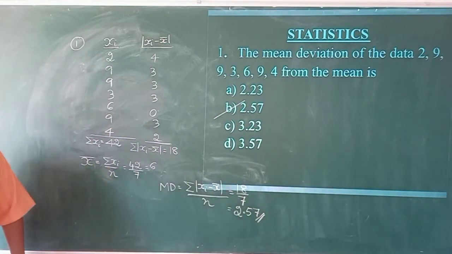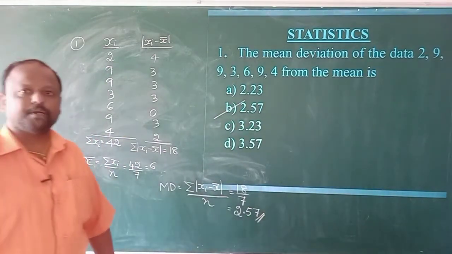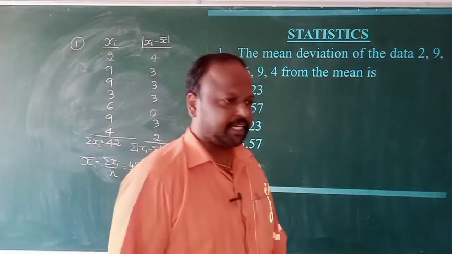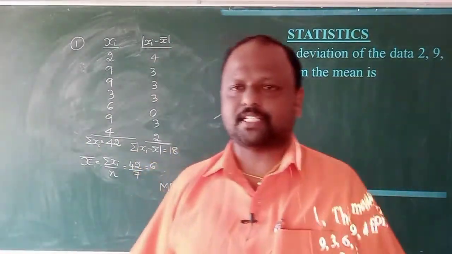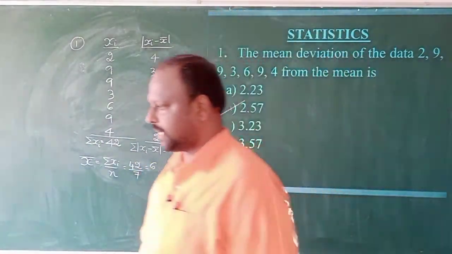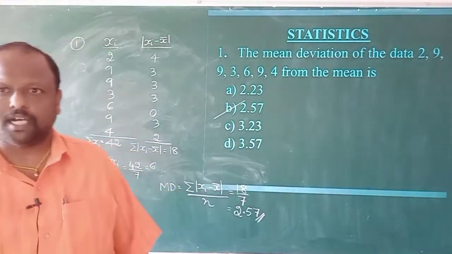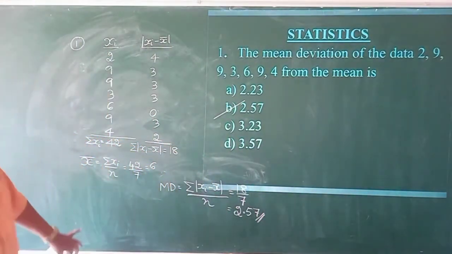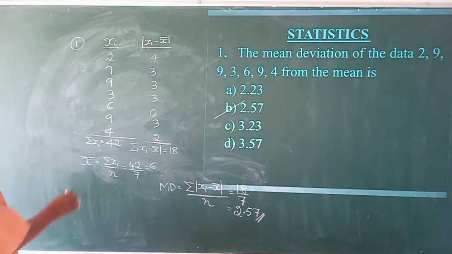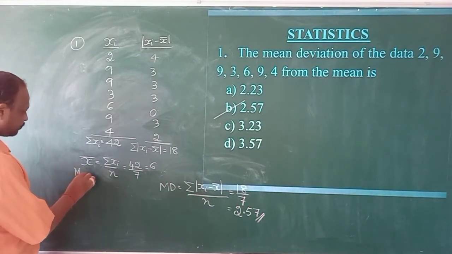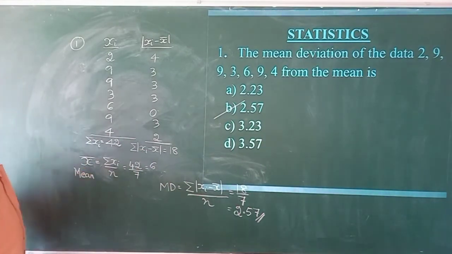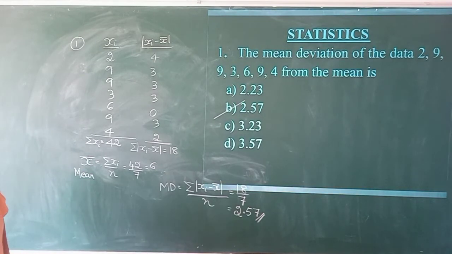So I will repeat once again. This is ungrouped data. In ungrouped data, first we have to calculate sigma x, the sum of the observations, and find out the mean. The mean is given by 6. Find out sigma xi minus x bar.